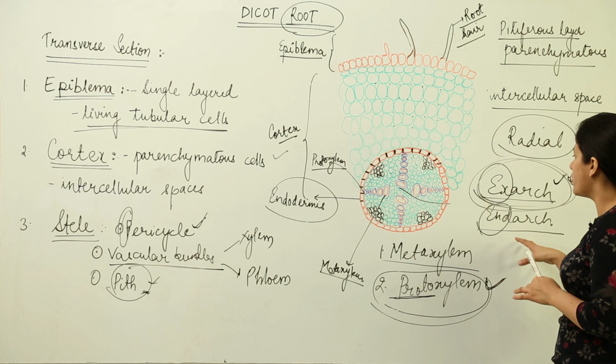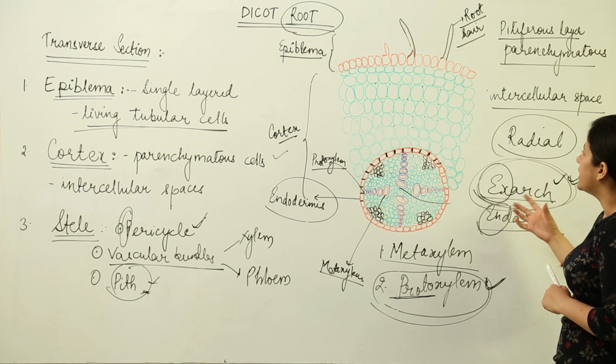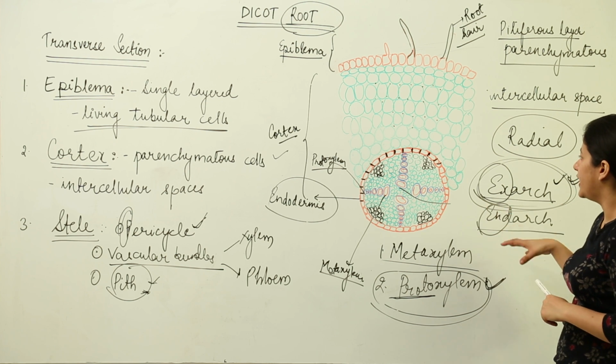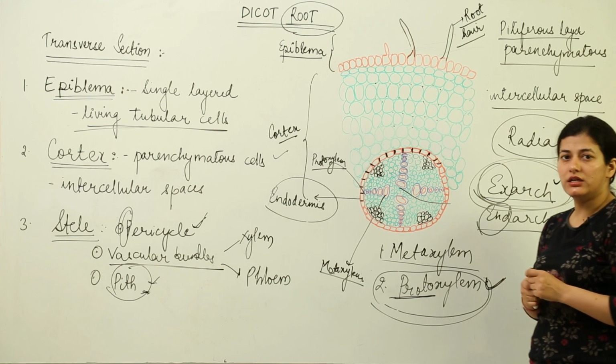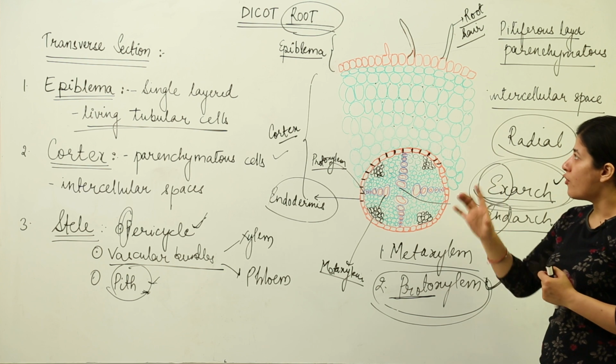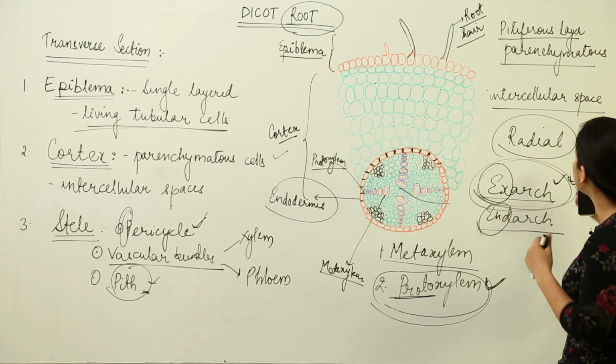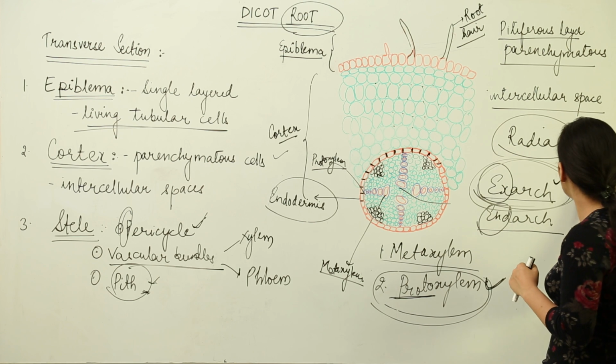So I hope I am quite clear with it, what are the parts, what are various arrangements and how it is well arranged. Now when we study the absorption of water, it would be very easy for you to understand.